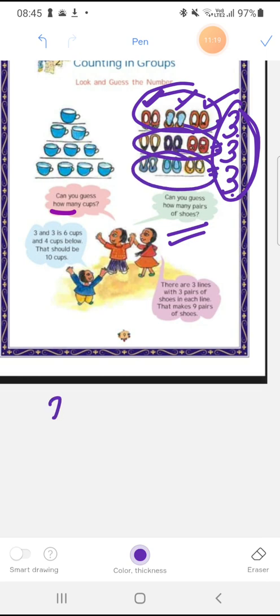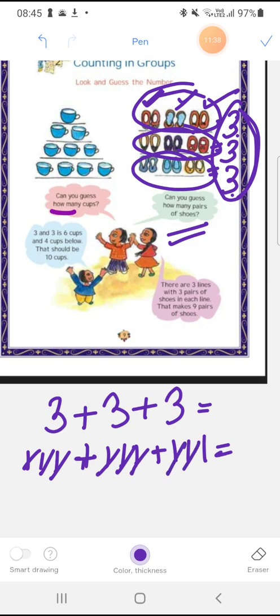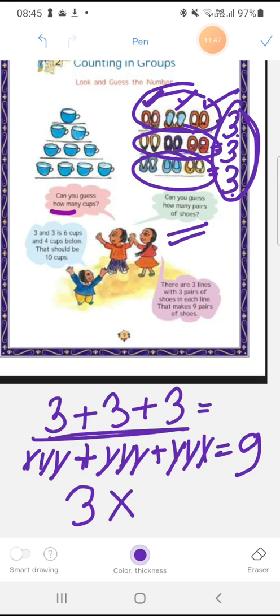So how many then? 3 plus 3 plus 3. 1 2 3 plus 1 2 3 plus 1 2 3. So if we count 1 2 3 4 5 6 7 8 9, total came how many? 9. In the same way, when the numbers we add are same, we can multiply. 3 into 3, 3 3s are also 9.